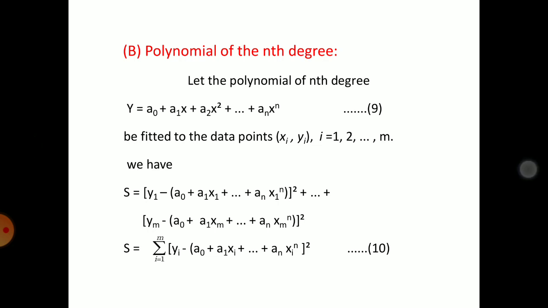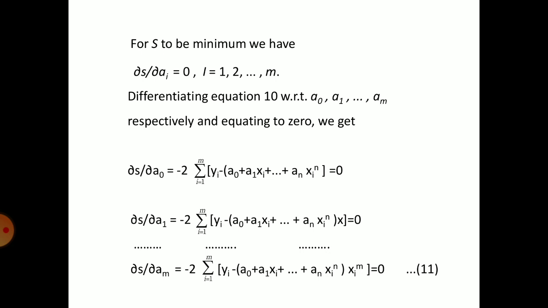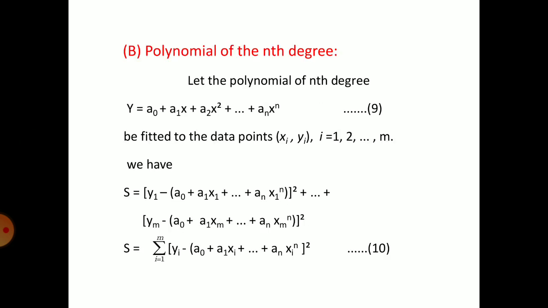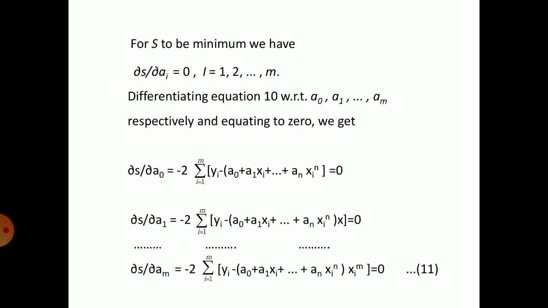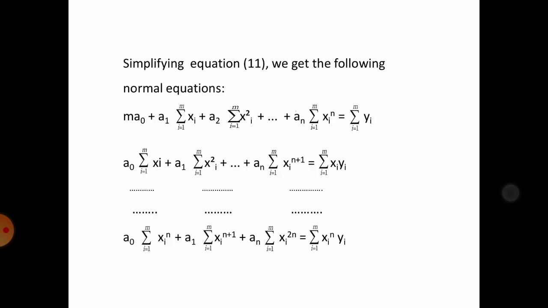We shall obtain the equations by a similar method, by differentiating this equation 10 with respect to a0, a1, a2 and up to am. We get these m equations, and then finally we shall obtain these m normal equations similar to the straight line.